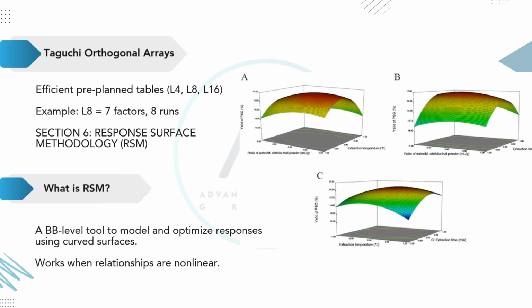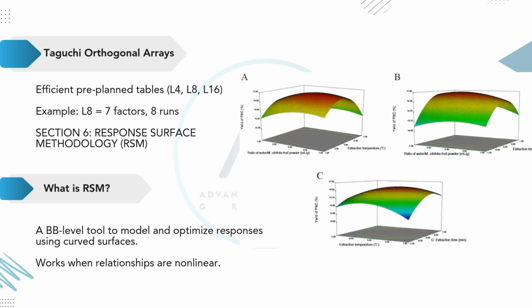Let's now talk about Taguchi orthogonal arrays and response surface methodology, or RSM. Taguchi orthogonal arrays are efficient, pre-planned experimental designs, such as L4, L8, or L16, that help us test multiple factors using fewer experimental runs.